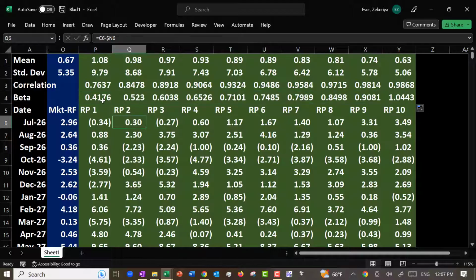Stupid me. Y is the portfolio at hand. So standard deviation of the portfolio at hand divided by standard deviation of the market. Okay.